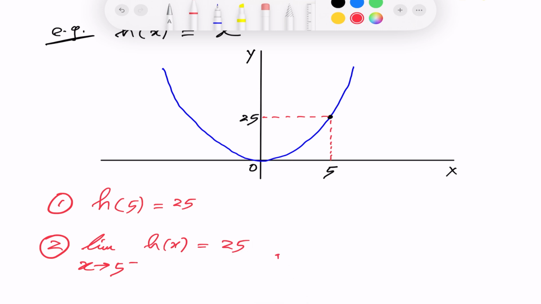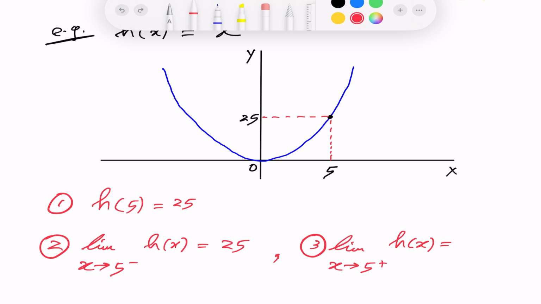Similarly, the third step is to find the right hand limit. The limit as x approaches 5 from the right hand side. Don't forget that little plus symbol as the superscript, h of x. So what is that value? Now x is slightly more than 5, but very close to 5. Even that value should be equal to 25.